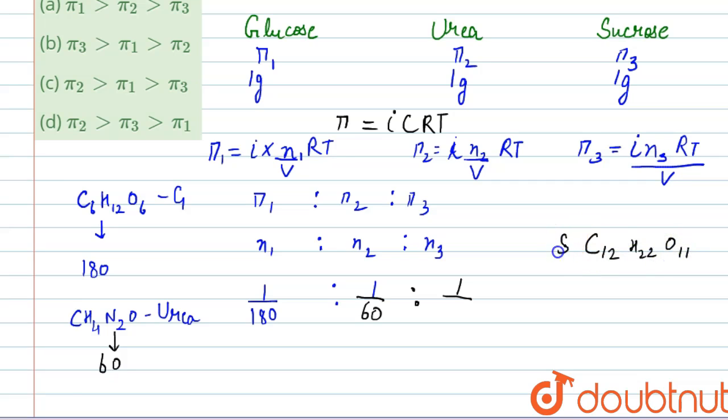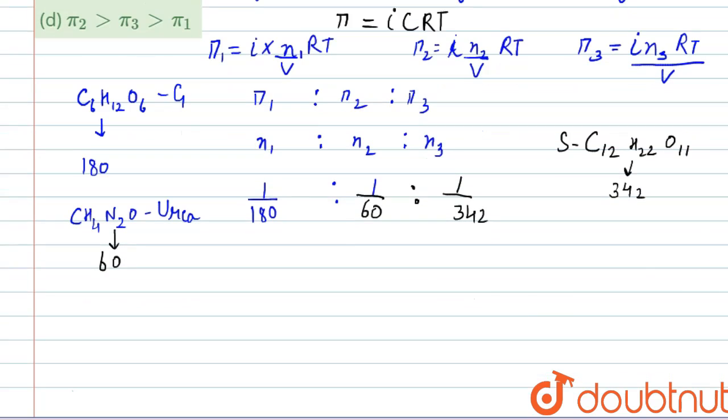This is the formula for sucrose, and if we calculate the molecular mass, it comes as 342. From here we can say in general that the osmotic pressure pi in this case will be inversely proportional to the molecular mass.